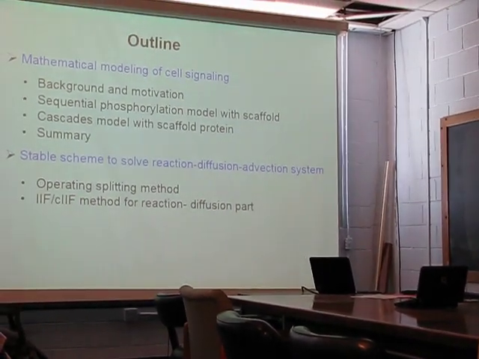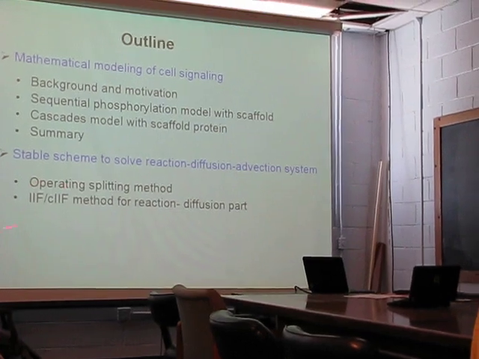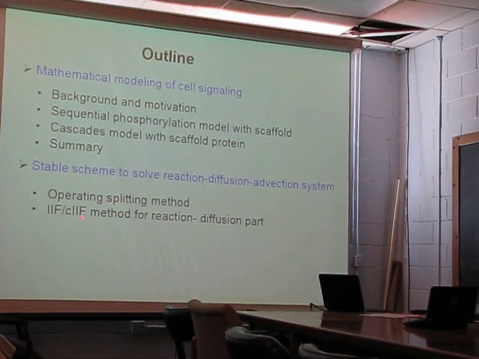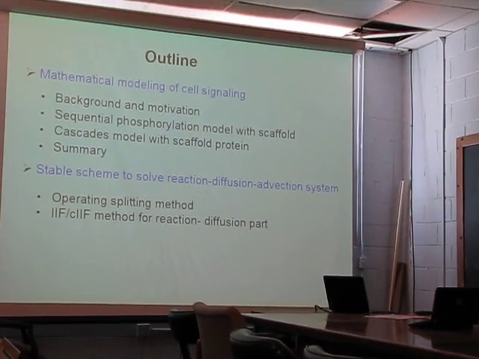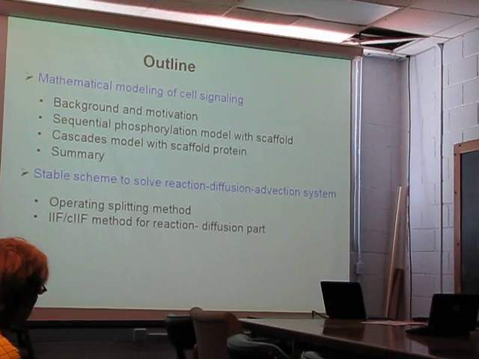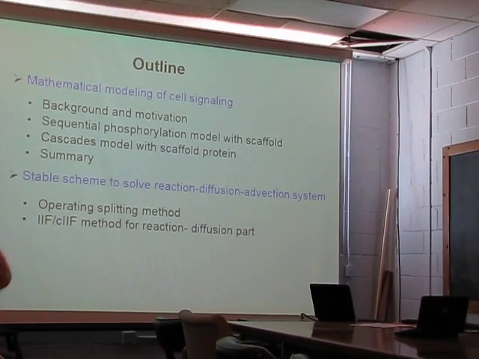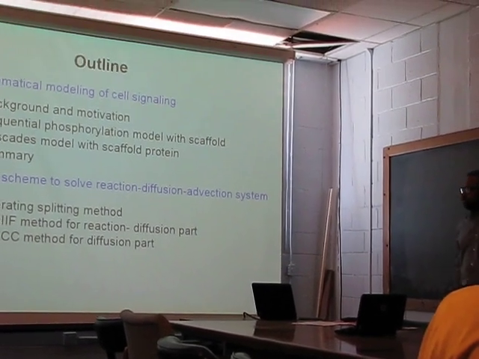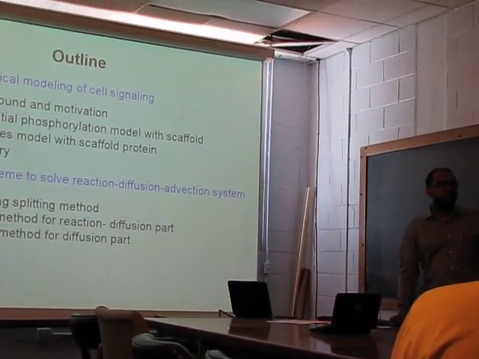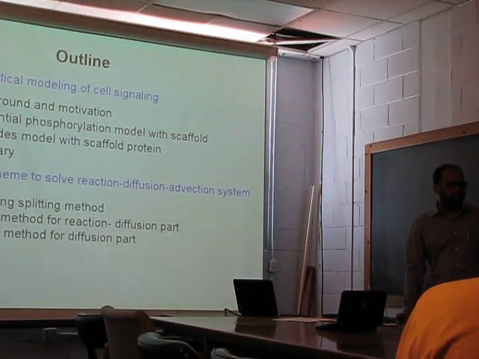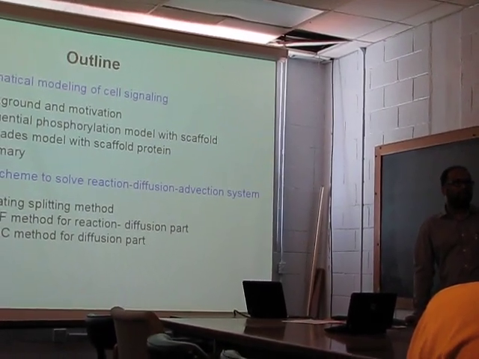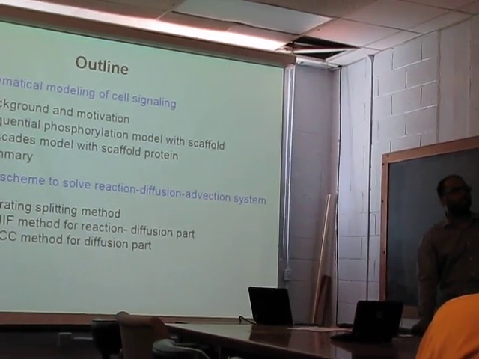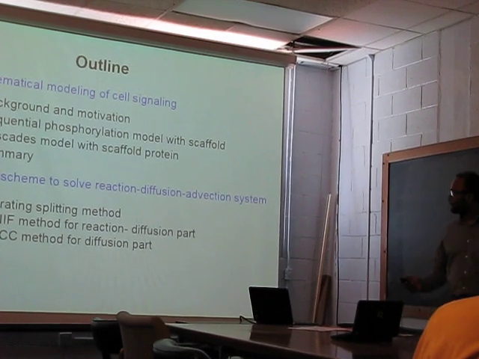For the reaction diffusion part, we will use the IIF scheme, that is the integrating factor method, and its higher dimensional version CIF, the compact scheme of its high dimensional version, for solving the reaction diffusion part. And then we'll use the backward-forward error compensation and correction method with some semi-Lagrangian scheme. In this case particularly we use the Courant-Isaacson-Rees method.